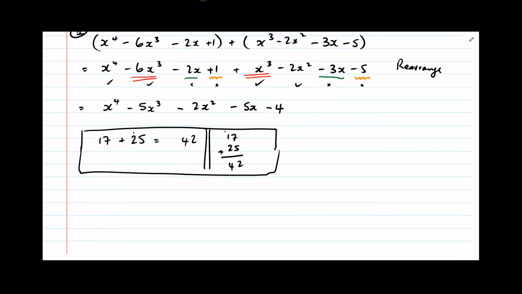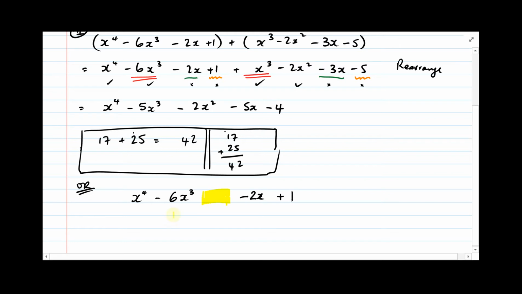So let's start. If I'm doing a vertical addition, it is important to align all like terms vertically. Starting out, I have x to the fourth minus 6x cubed. So I'm looking at descending order. There is nothing for x squared, so I'm going to leave a space for my x squared term, but it's not there.